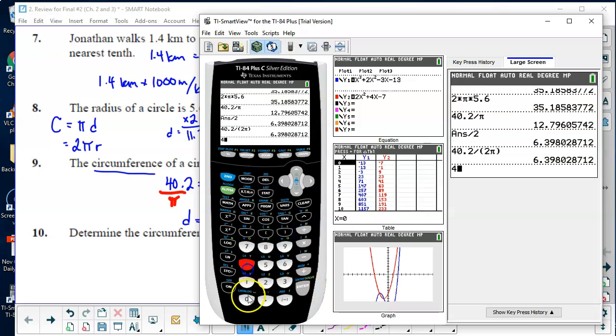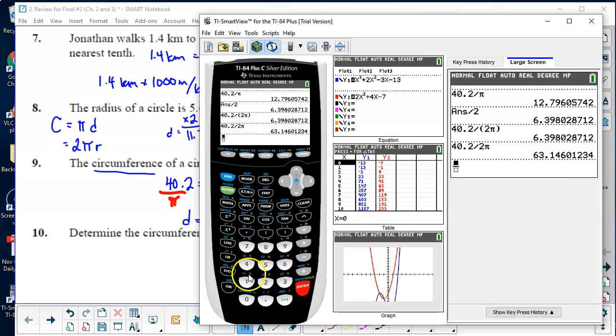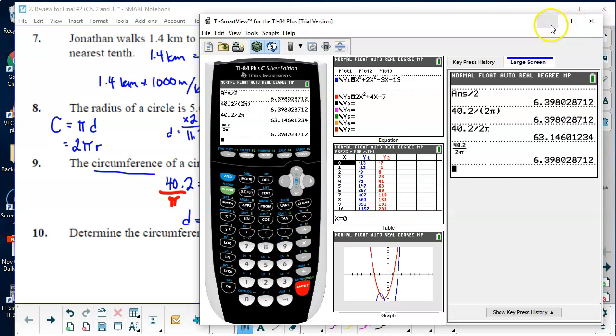Okay, if I did 40.2 divide by 2 and then pi, I get the wrong value because it ends up multiplying. Now, if you have the ability to do a fraction, so alpha y equals and the fraction key, then there's not really a worry. You don't need the brackets. 40.2 denominator is 2 pi, and you get your 6.4. Okay.